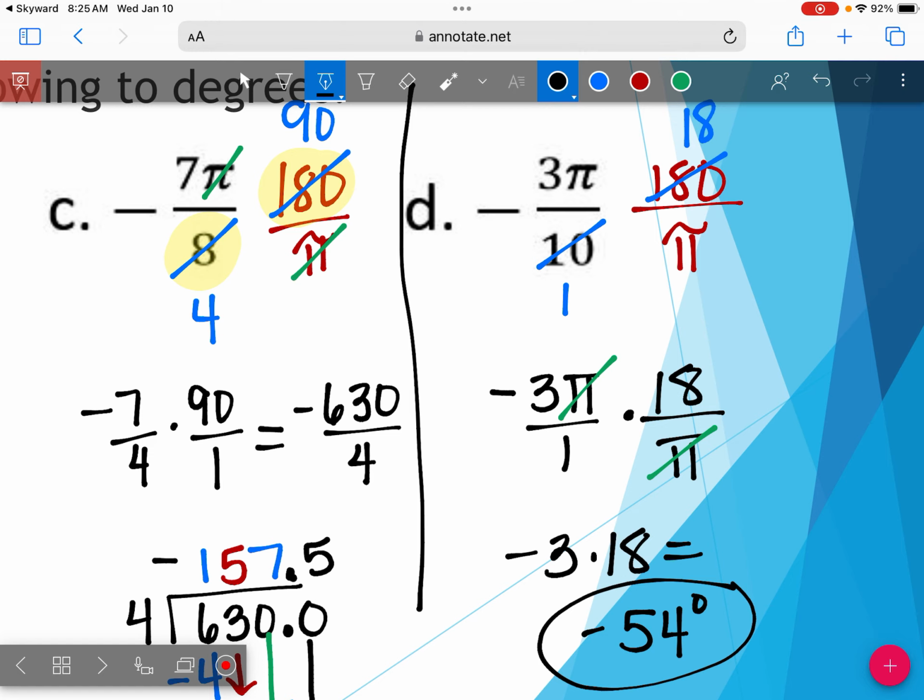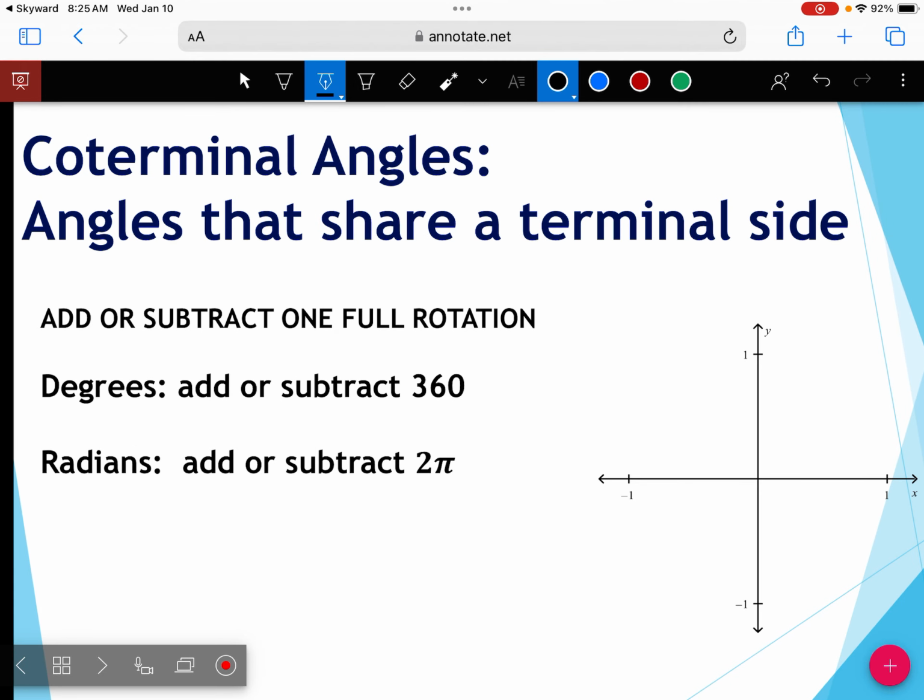So the last thing we're going to cover in 6.1 is coterminal angles. So the prefix co means the same. I'll give you a minute to copy this definition down.